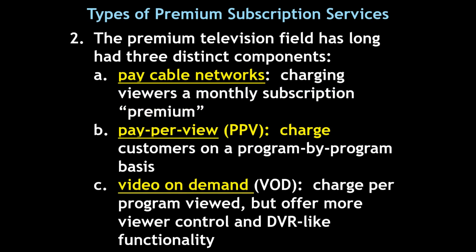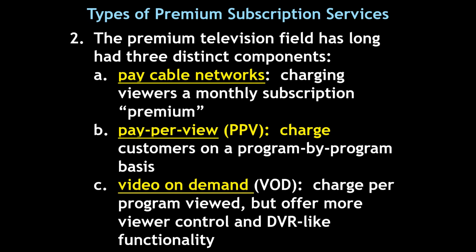The premium television field has long had three distinct components. There are the pay cable networks themselves, charging viewers a monthly subscription premium. There is pay-per-view, or PPV, and this charges customers on a program-by-program basis.